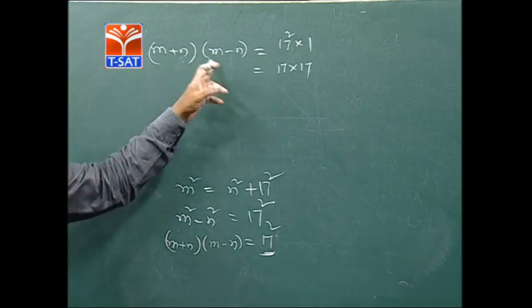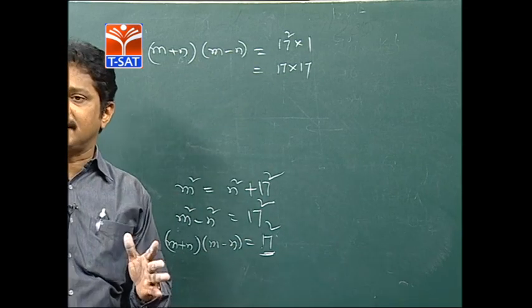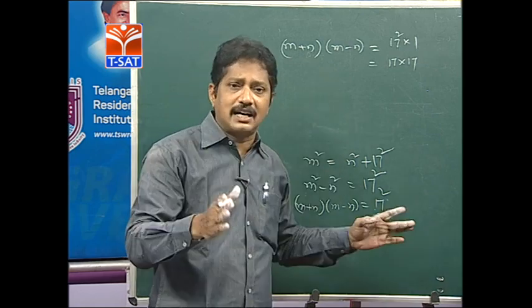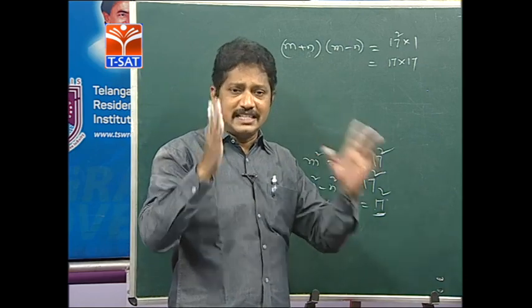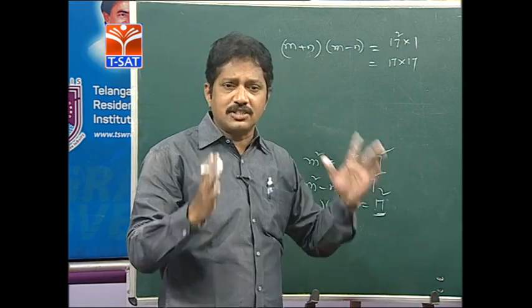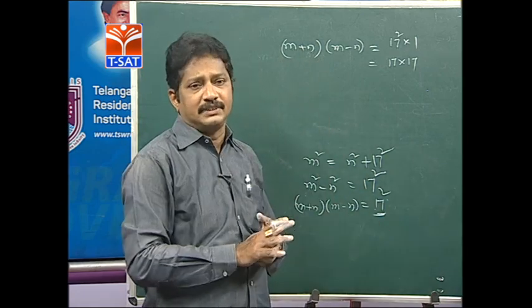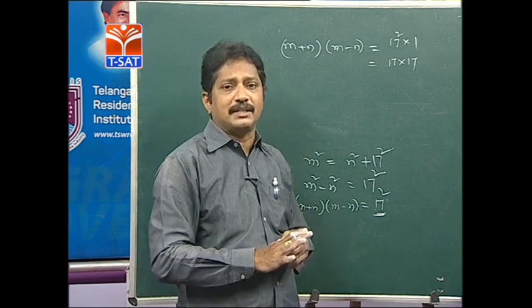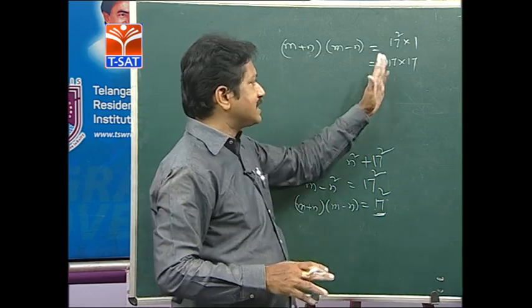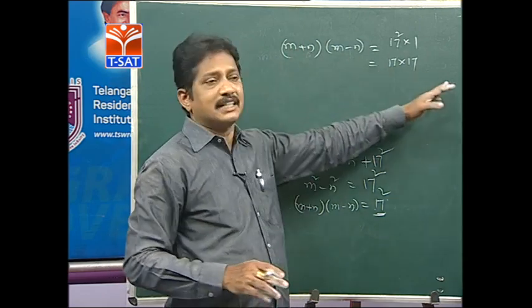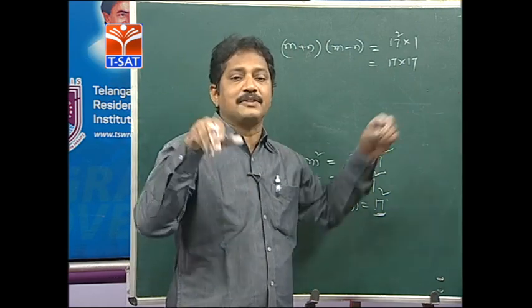And here you know that m and n are the sides of the right triangle. When they are sides of the right triangle, it is very clear those are non-zero integers. So m plus n is more than m minus n, and m plus n is never equal to m minus n. When you consider 17 times 17, m plus n should be 17 and m minus n also 17, which is possible only when n equal to 0.